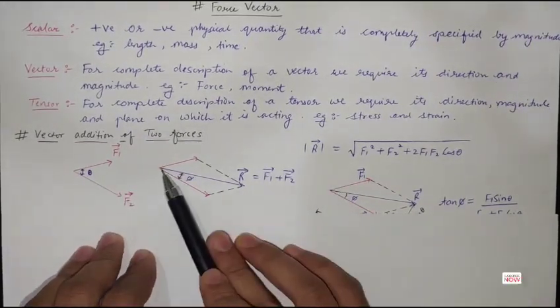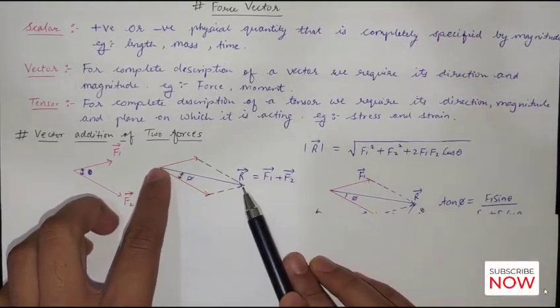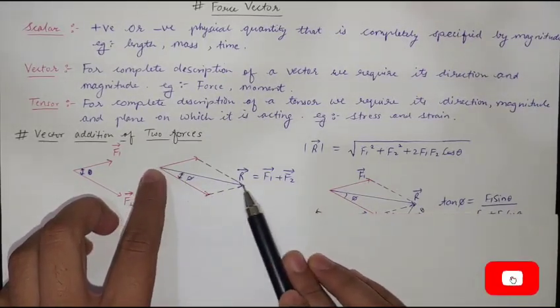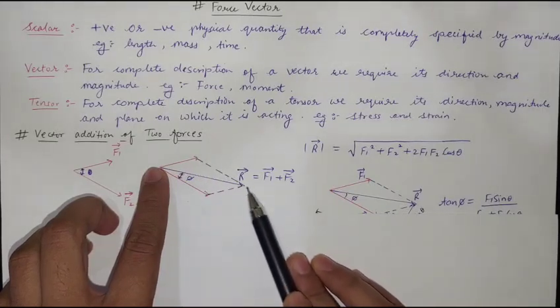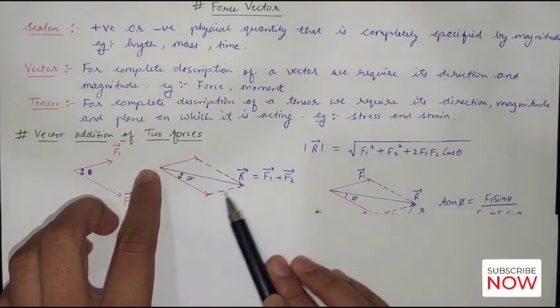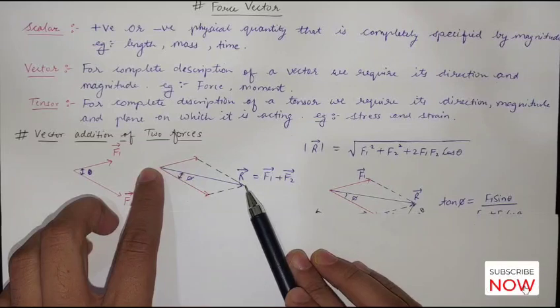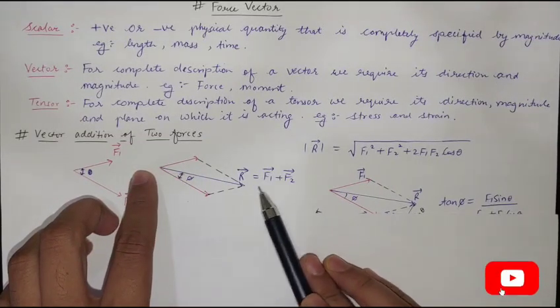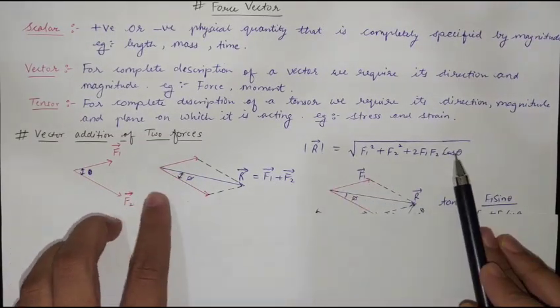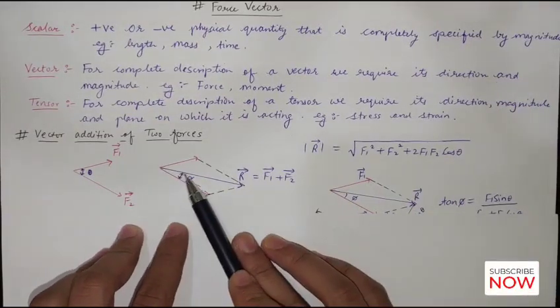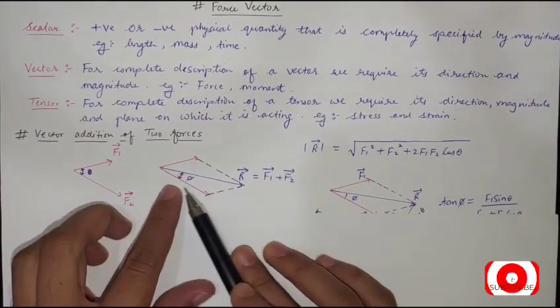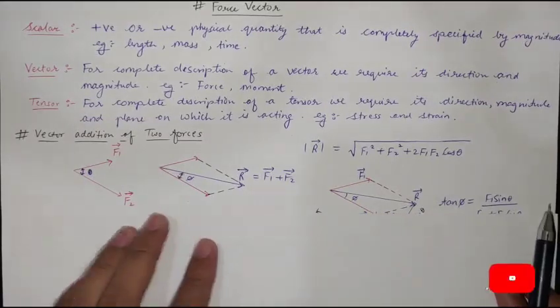So this is how we can find the magnitude of this resultant vector. And the direction is found by drawing the parallelogram from these two parallel lines and the intersection point. So this is the direction, and this is the magnitude, and we also need the angle from any of the forces. To find this angle, we use simple trigonometry.